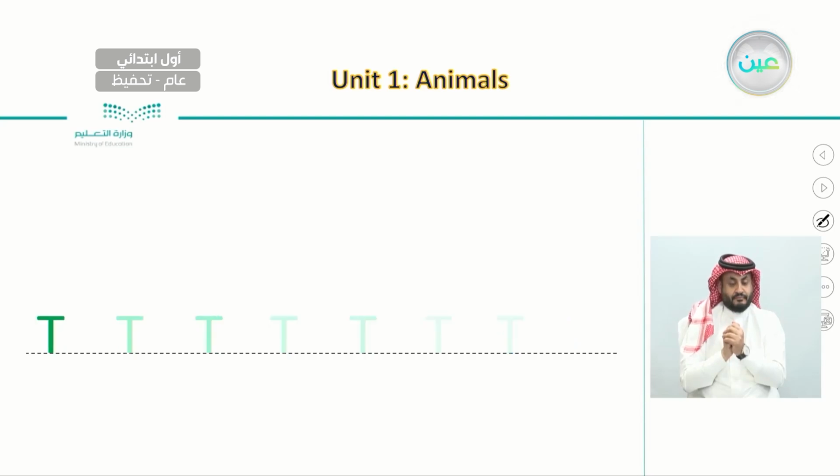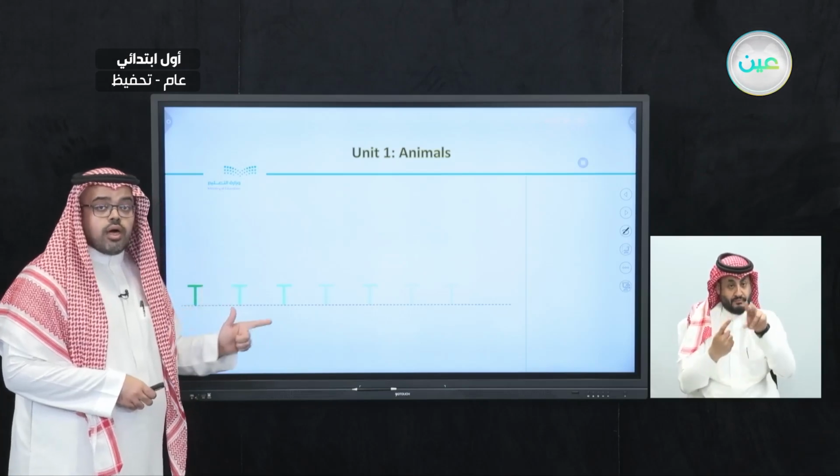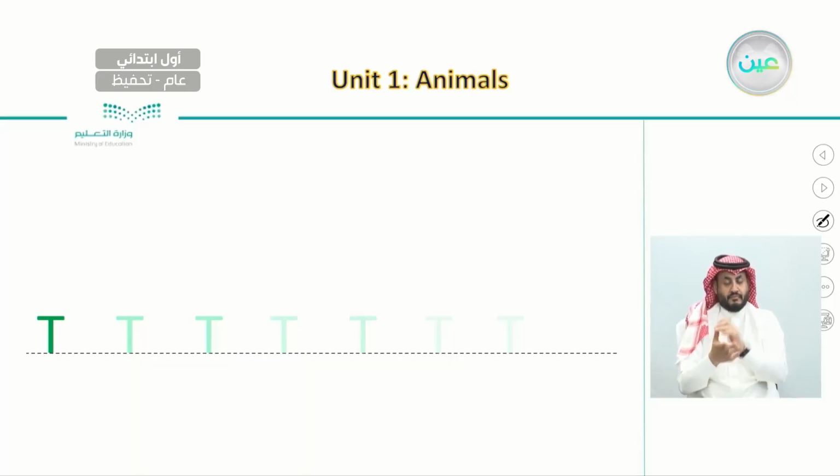Now, let us move on to the second letter, which is letter T. Let's now try to trace it and copy it as well. So here we go. This is how we trace letter T. As you can see here, we do a line like this, and also from top to bottom, we do this line.